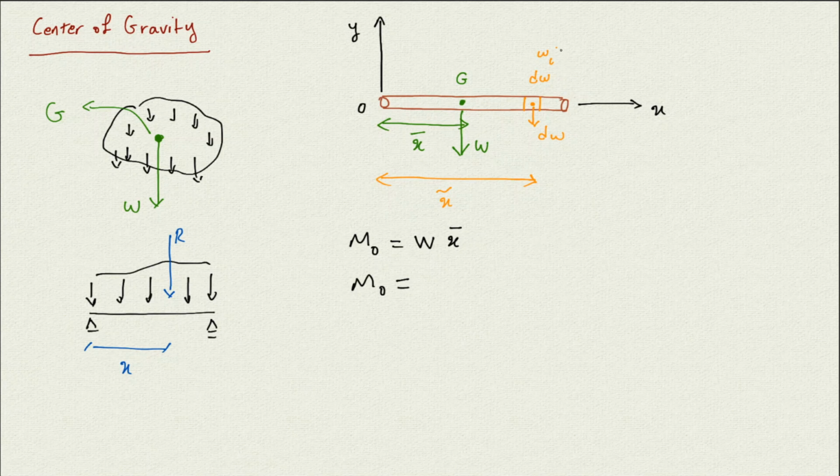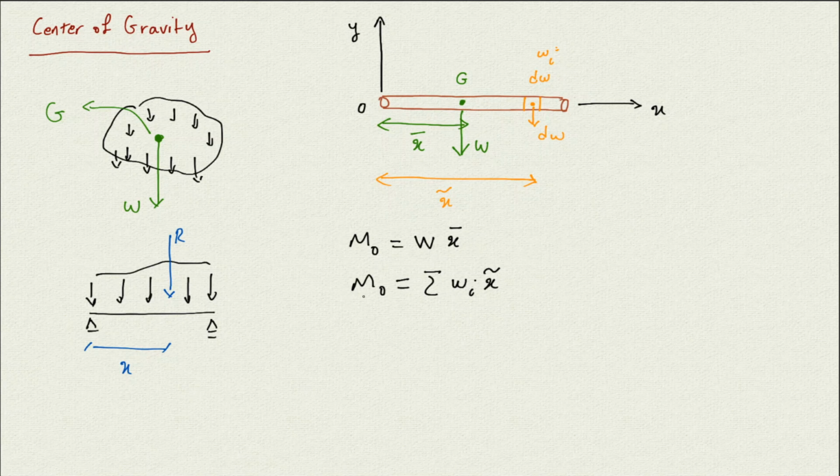So the moment of all those small elements is going to be, adding them all together, every small W times the distance it has to point O.